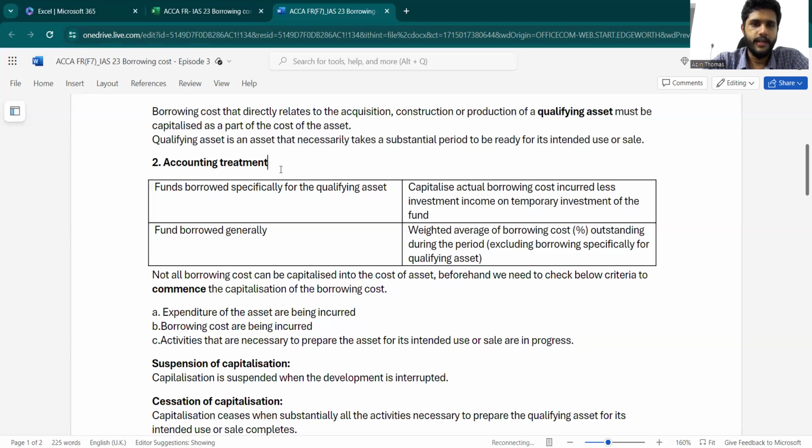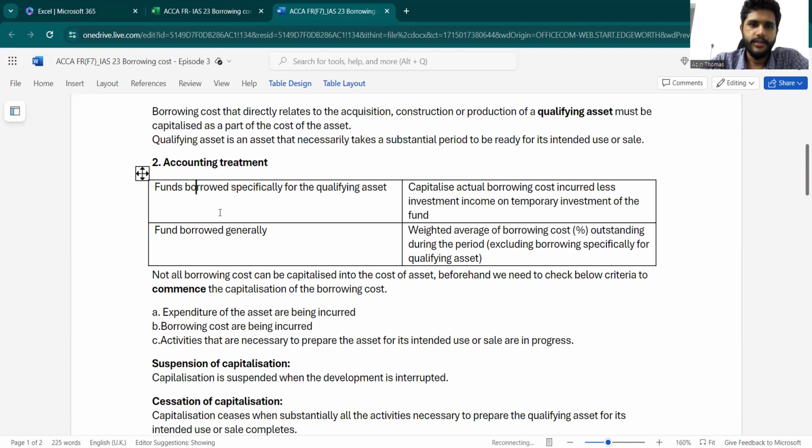So here the standard gives two different ways of capitalizing the interest expense, that is, the interest incurred for the loan we took. The first one is funds borrowed specifically for the qualifying asset. What is this fund? Fund is the loan that we borrowed.